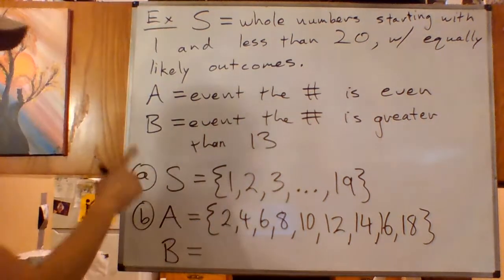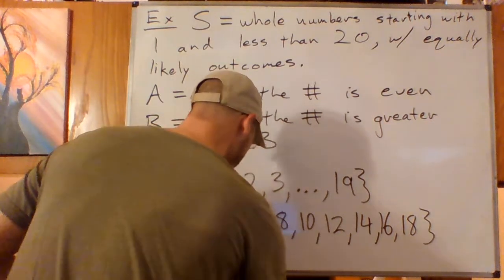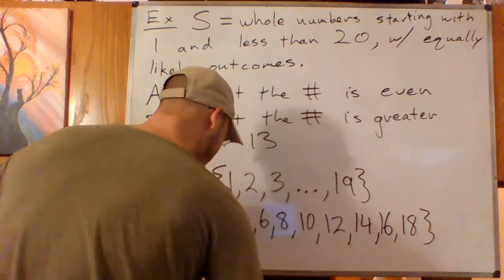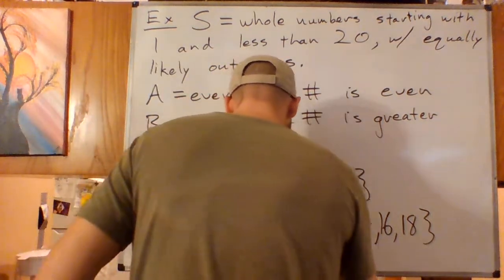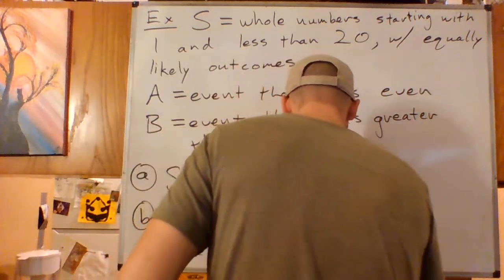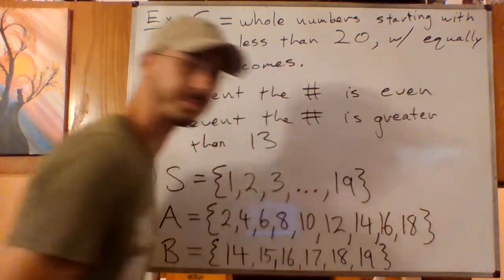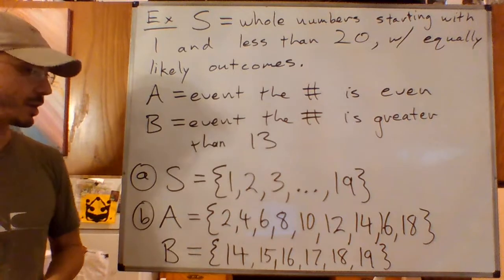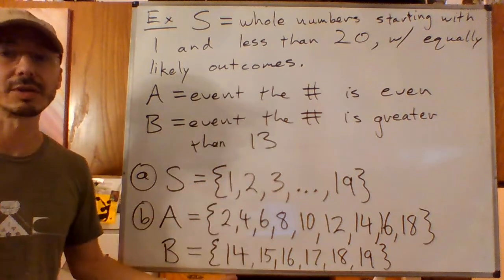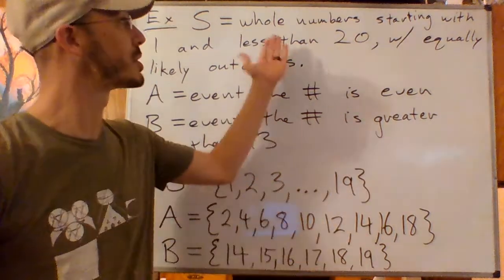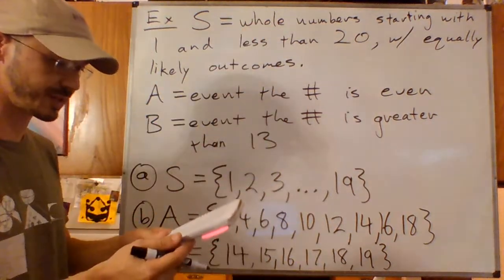For B, the number is greater than 13. So greater than 13, that does not mean 13. That's 14, or 15, 16, 17, 18, or 19. So the number's greater than 13, not greater than or equal to, but going all the way up to the list. And it's only the whole numbers because we're just working with those in the set.